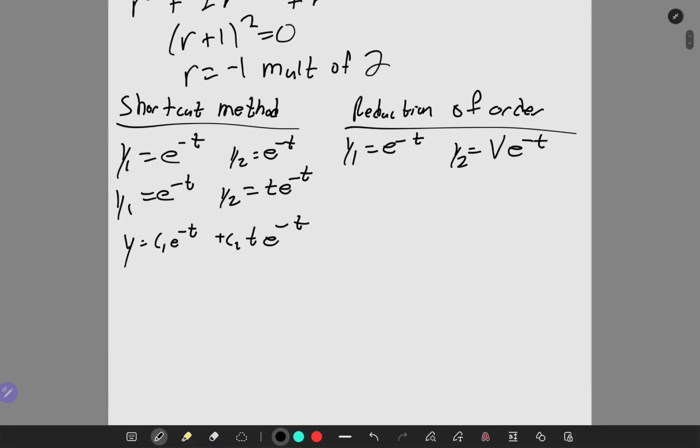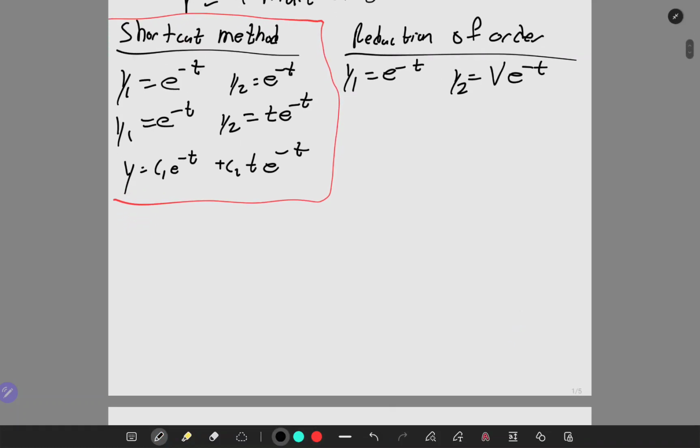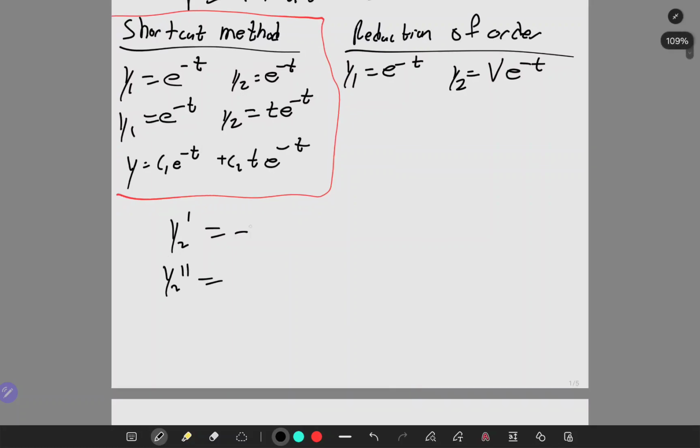That's y2. Well, first of all, I'm going to come down here, and I'm going to solve for y2 prime and y2 double prime. So if we use the product rule, right, this would be negative v e to the negative t plus v prime e to the negative t.